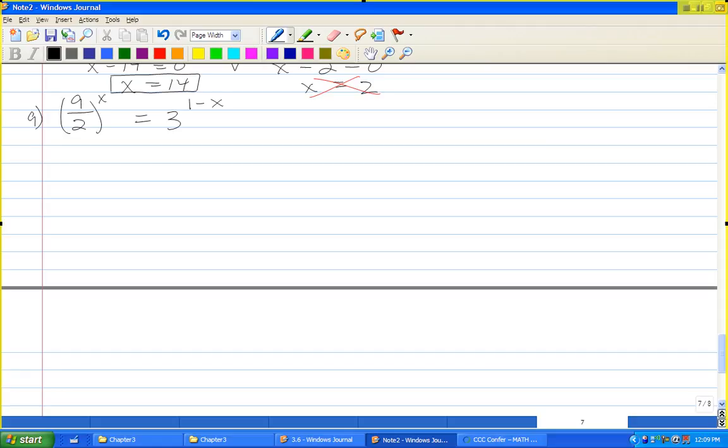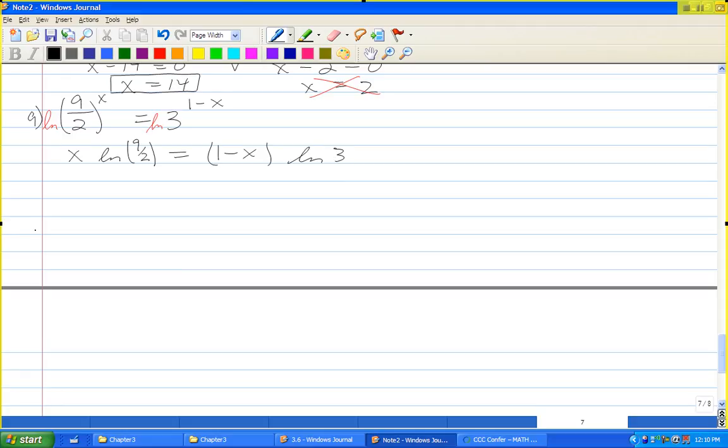It says A, express irrational answers in exact form. B, express answer in decimals rounded to 3 places. Okay, so let's take ln of both sides of my equation. And so, let me bring down the x out in front. So x ln 9/2 equals (1 minus x) times ln 3.